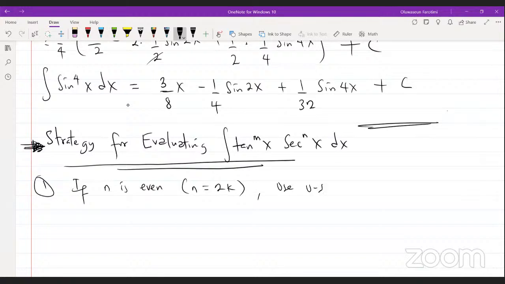You use the u sub such that u equals, okay, so better still, let me write it like this. So when you simplify this guy, let me write that guy.